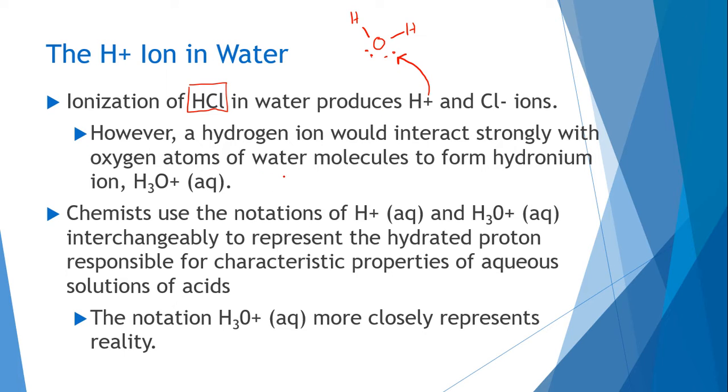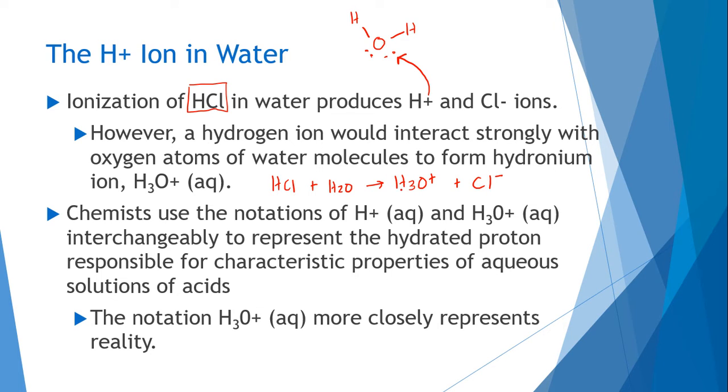So you can write the equation of HCl plus water can actually form H3O plus, which is hydronium, plus Cl negative. Now, you might be asking, well, where's the H plus concentration?